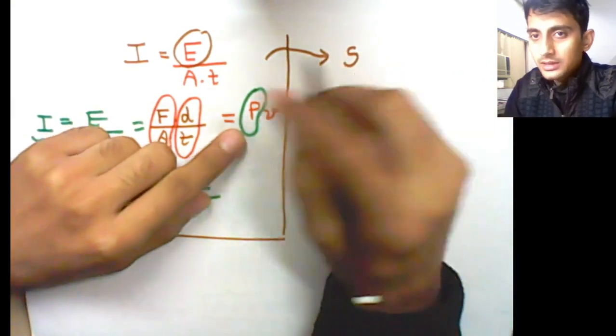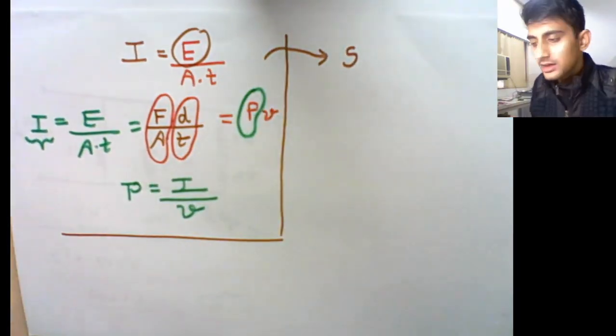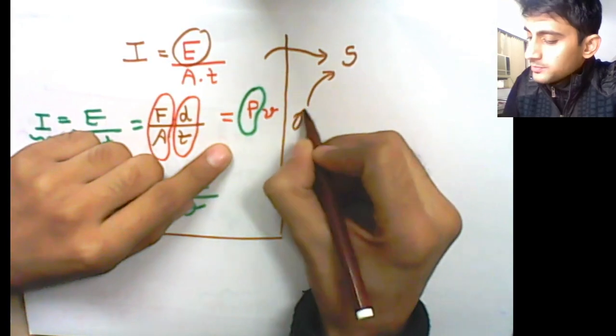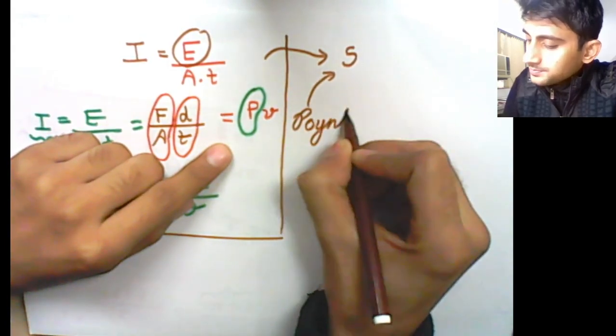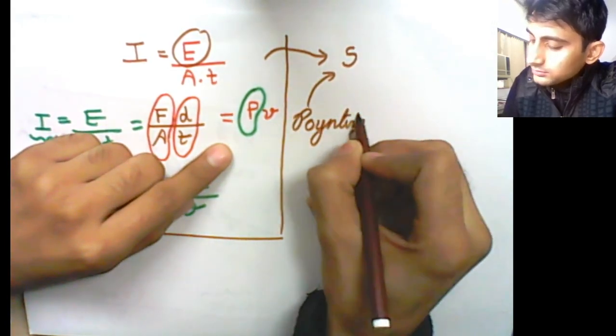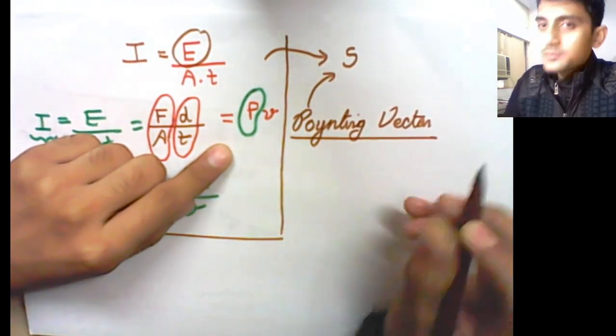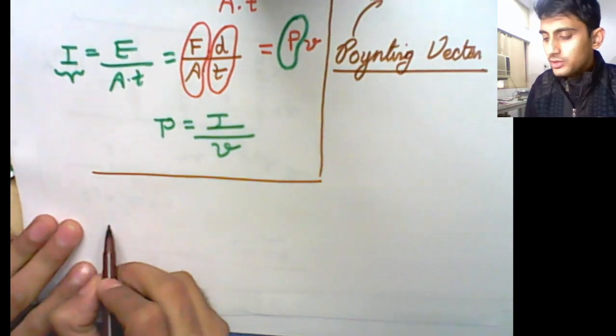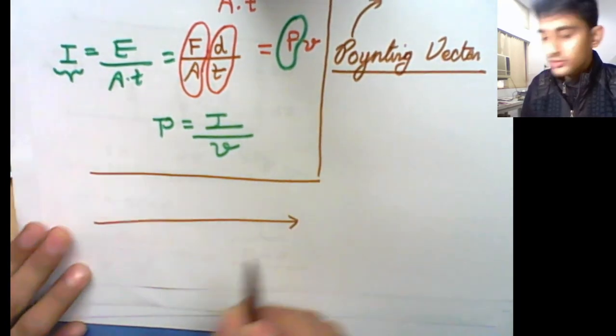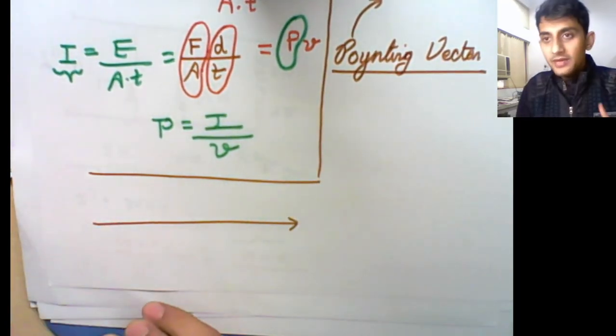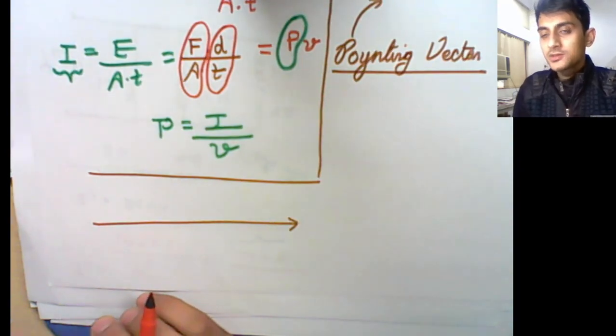We denote it like this: this I has been renamed S, and it is called the Poynting vector. Okay, you know that if this is the direction of propagation, then we have mutually perpendicular vibrations of electric and magnetic fields.